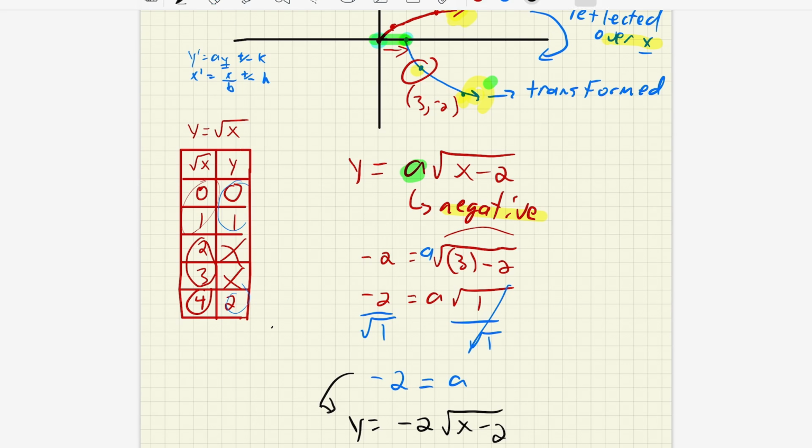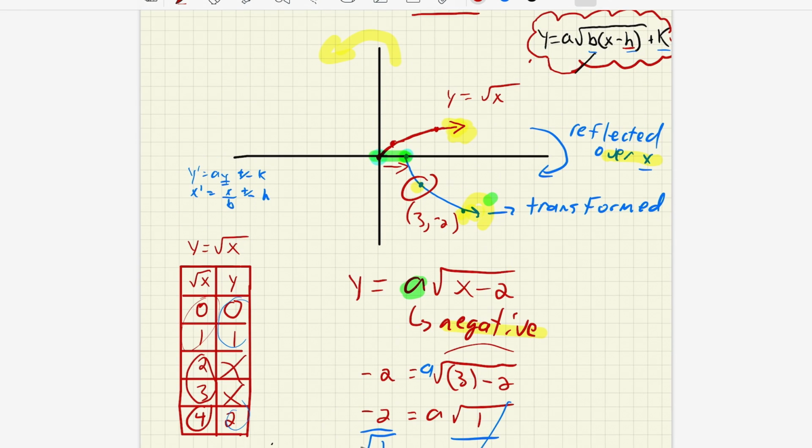And to figure out if there is a b, you could take a point and then plug it into this function already and solve for the b right beside the x. Or what you could do is go to the original graph and count how long it is horizontally. So in this case, the parent function is 1, 2, 3, 4, 5 or so units long.